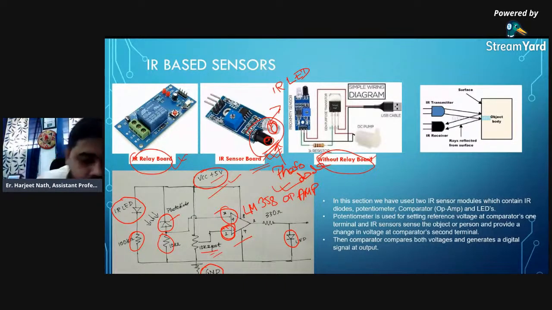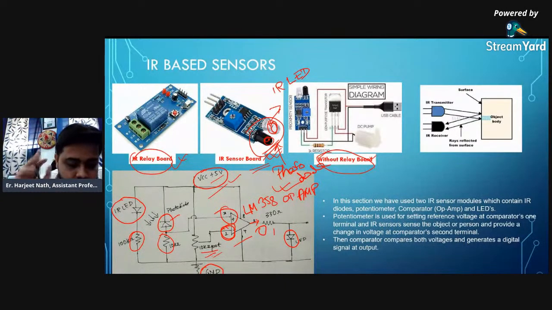Now if the measured voltage is below this potentiometer voltage, then the output will be low. That means it can be considered to be zero. And if the measured voltage, on the other hand, is above this potentiometer voltage, the output will be high, and that means it will give a signal as 1. So it will be converted into a digital signal, either 0 or 1.